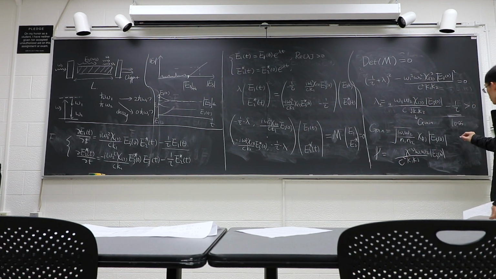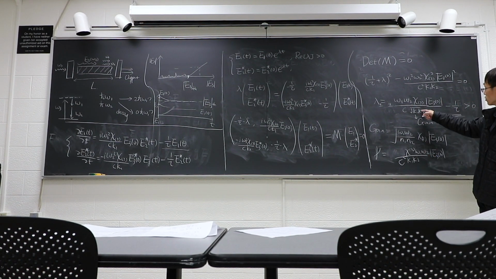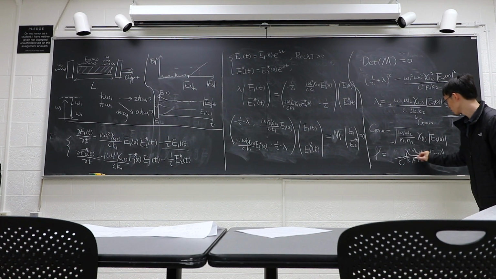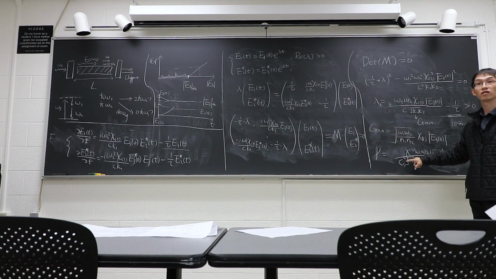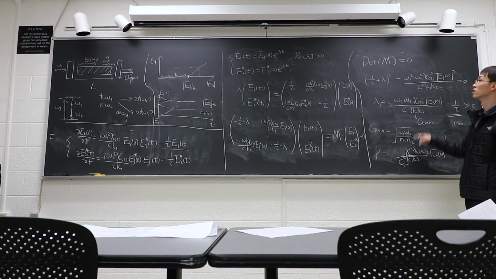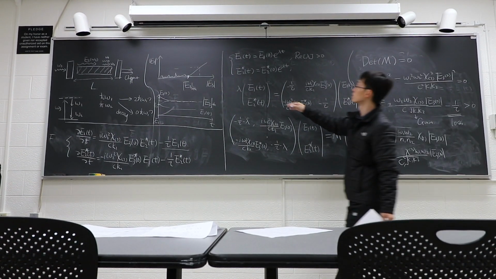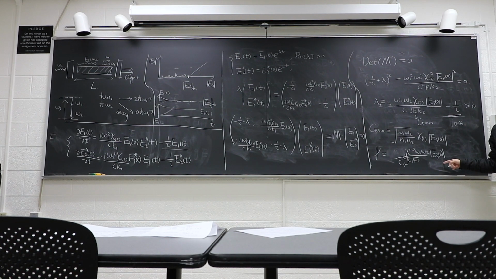Mu naught, epsilon naught, c squared over 1. So when you look at these two, they're only off by a factor of c. Okay. So the gain you derived by using this method is the same gain you have in your parametric amplifier. So the entire thing makes a lot of sense.